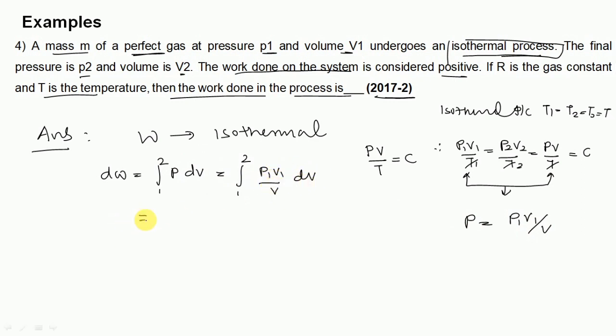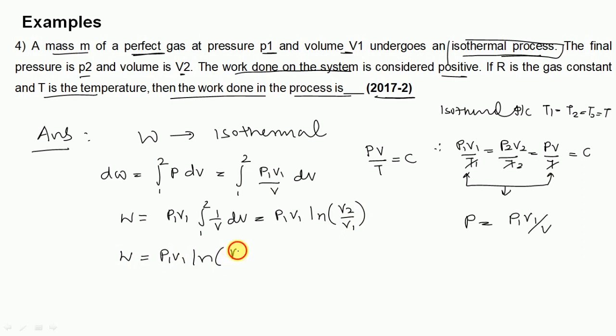Now if we take the integration, we know P1 V1 is a constant, so it comes outside, and integration 1 to 2 of 1 upon V into dV. If we integrate this, then we know this is ln V2 by V1. So this is the equation for work done for the isothermal process.